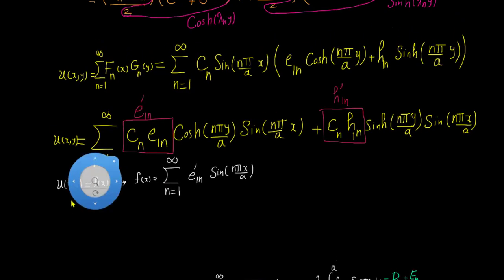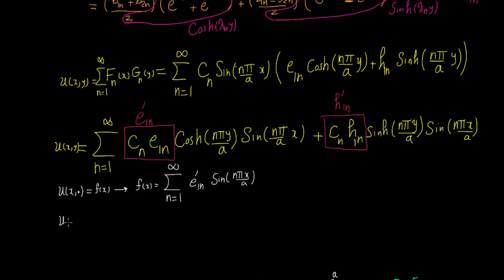And for the second boundary condition, u of x comma b, it is g of x. So g of x equals the summation n from 1 to infinity, now let's plug y equals b. So it gives me e prime 1n times cosine hyperbolic of n pi b over a.